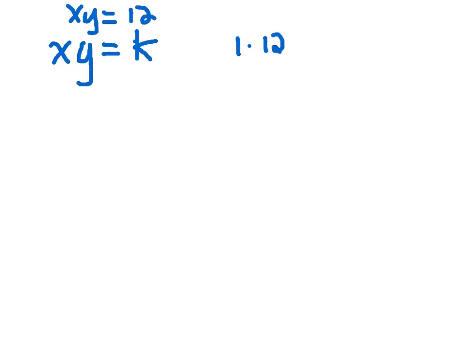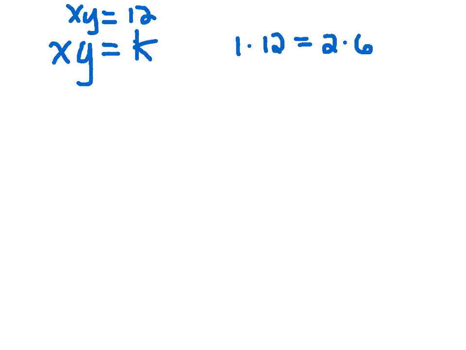So any x times its y is always equal to the same number, called a constant, just like before when I said 1, 12 is an ordered pair. And that they're an ordered pair because 1 times 12, if I'm going back to this formula, x times y is 12. 1 times 12 is one of the ordered pairs, and it's going to equal any of the other ordered pairs when you multiply them together.